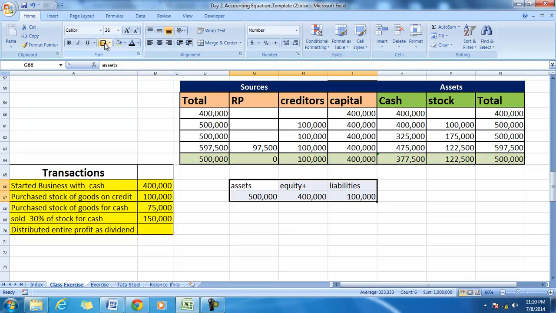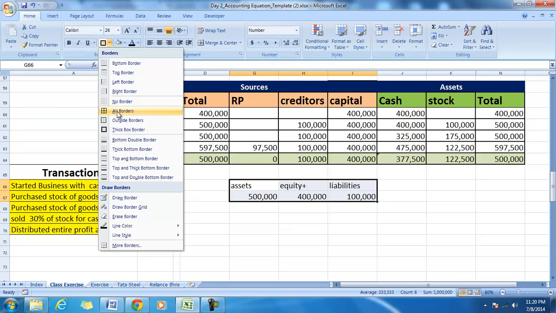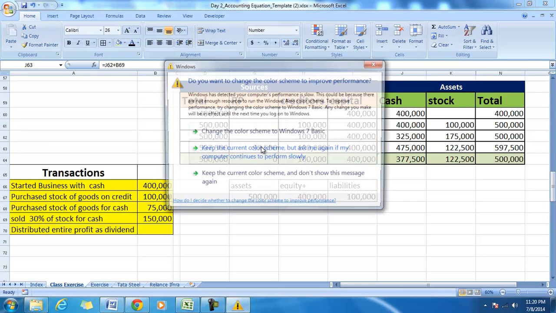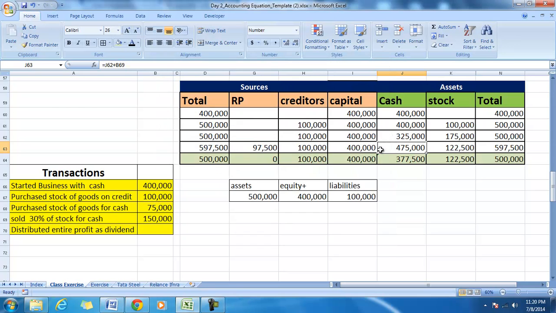So converting a set of business decisions into the accounting equation is what we have seen here, and we did it by using important assumptions or accounting principles called the business entity concept, the accrual concept, and the matching concept. For example, while finding profit, we have determined the corresponding cost of the goods sold.